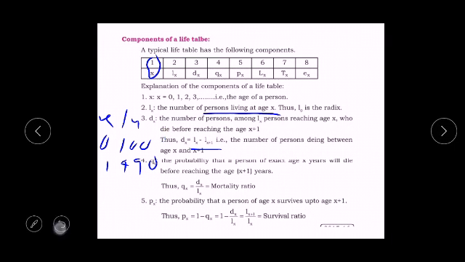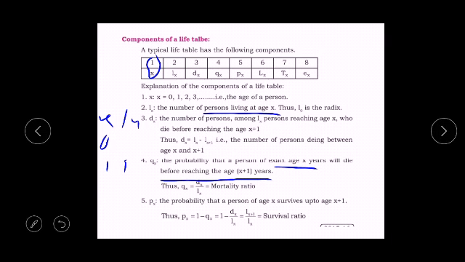comes qx. So qx is nothing but the probability that a person of exact age x years will die before reaching the age x plus 1 year. So it tells the probability that a newly born baby or an individual at age x will not survive to reach the next year.